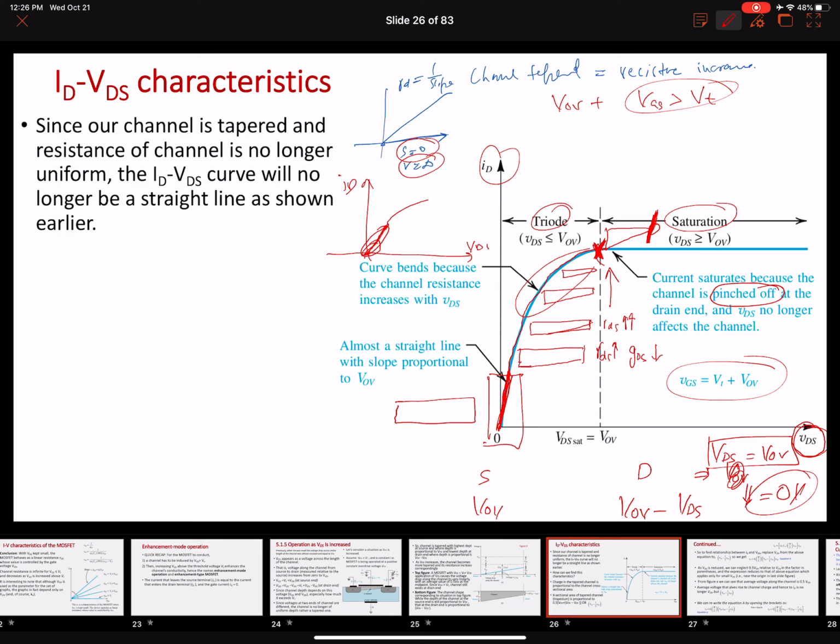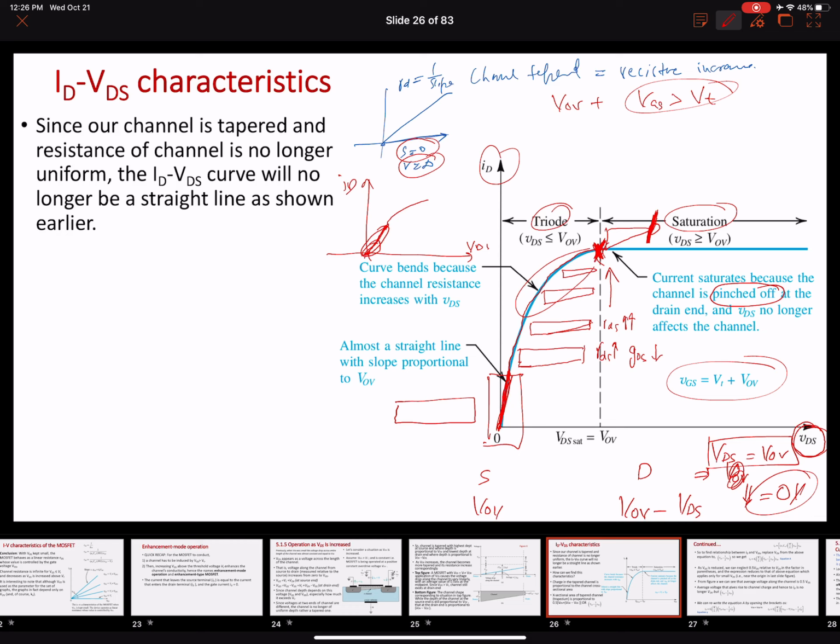So the voltage at the drain will become 0 volts. This means that there will be no depth to the channel and it will be pinched off.